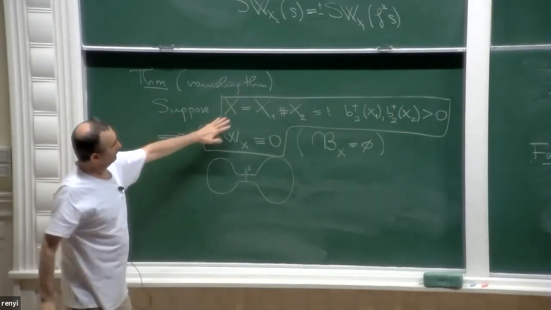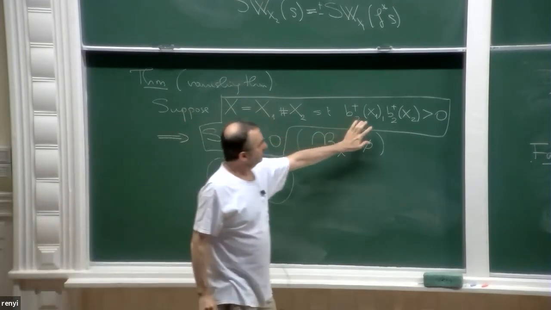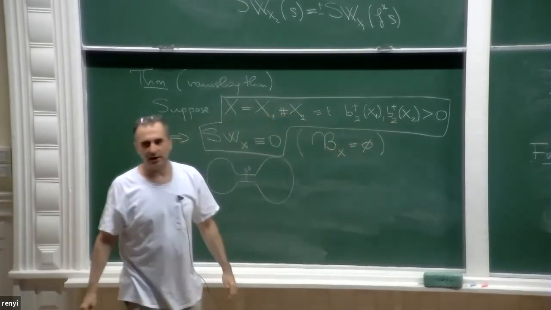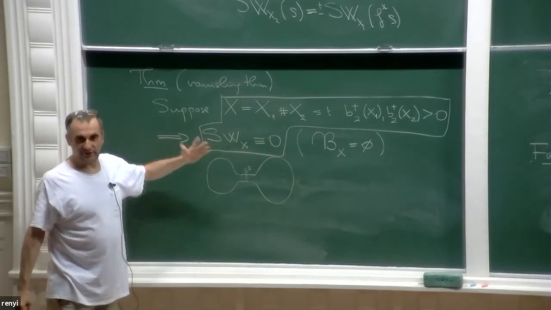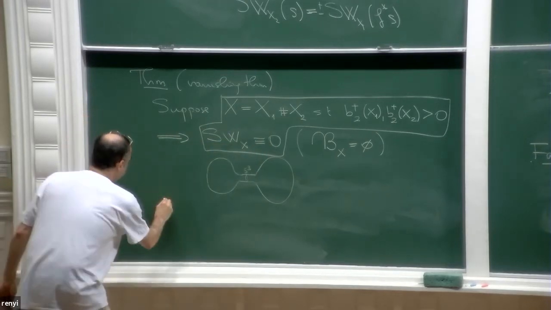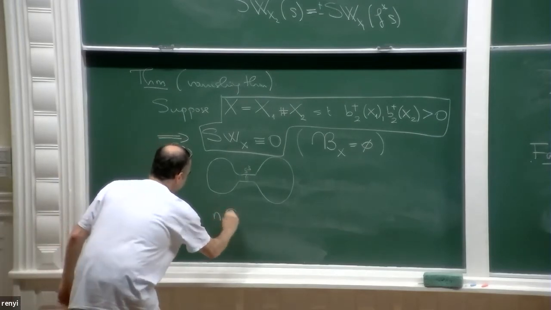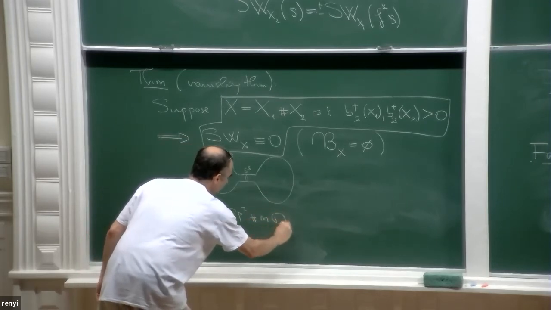If a four manifold decomposes as a connected sum, and the two sides satisfy some very mild algebraic topological property, then the Seiberg-Witten invariant vanishes. Corollary: if you take n times CP2 and any copies of CP2 bar.